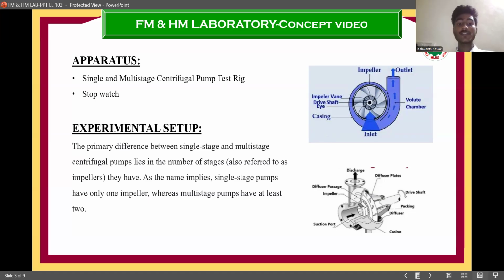The primary difference between single-stage and multi-stage centrifugal pumps lies in the number of stages, also referred to as impellers. A single-stage pump has only one impeller, whereas a multi-stage pump has at least two. We can observe the diagram of a centrifugal pump.